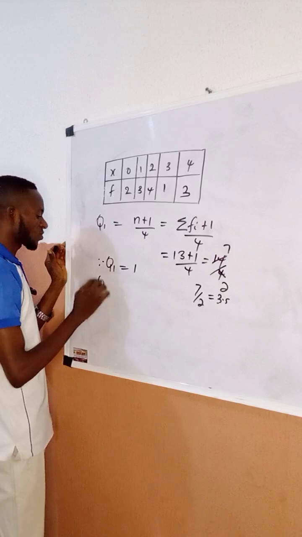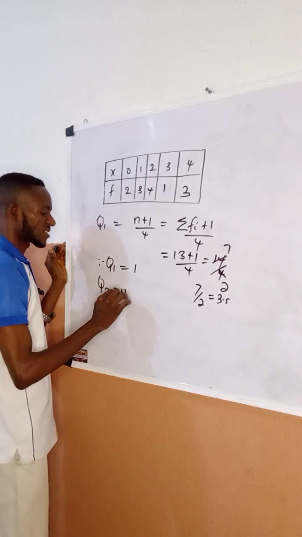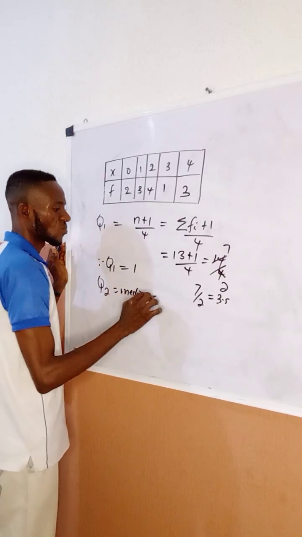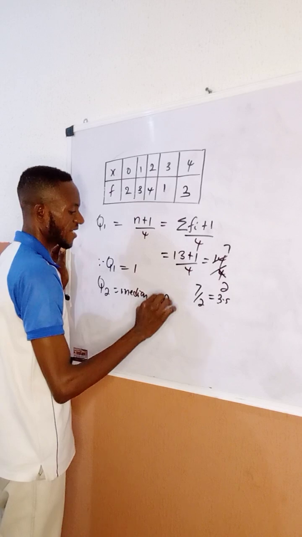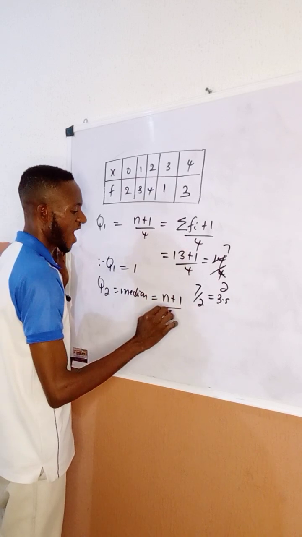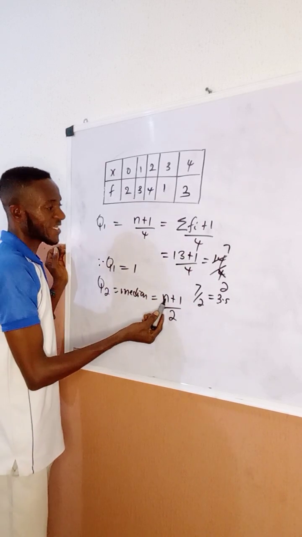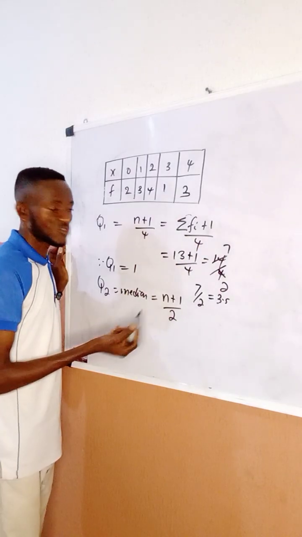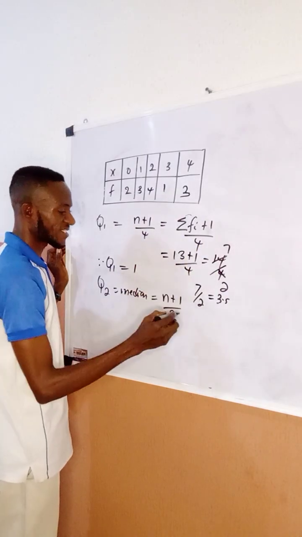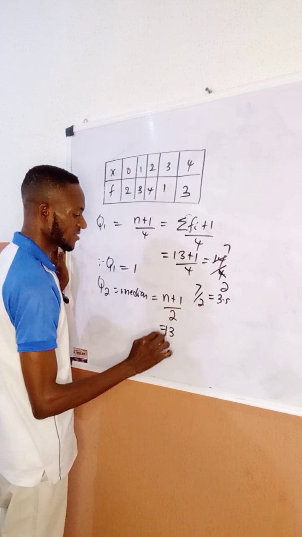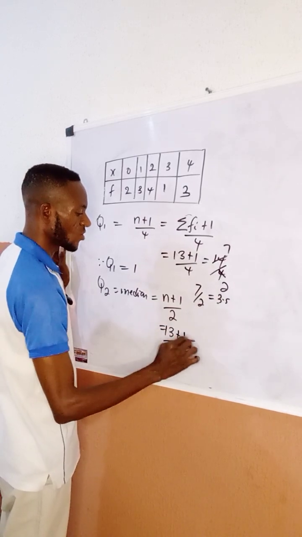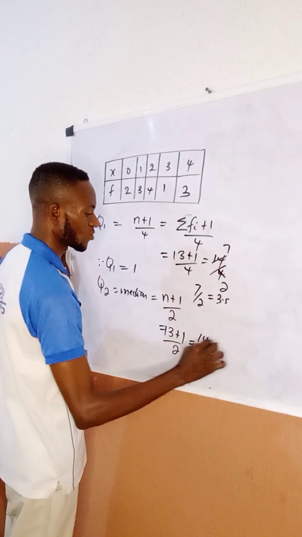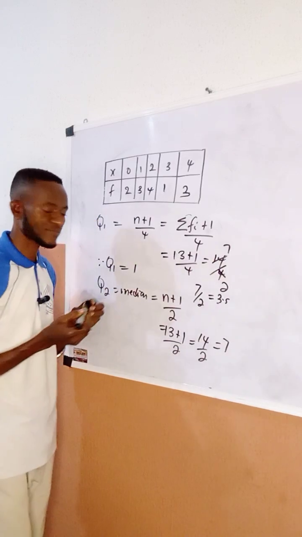But when we talk about Q2, which of course is equal to the median, we are going to talk about N plus 1 all over 2. And when we talk about this N, we are still referring to the summation of fi here. So we still call it 13. Then 13 plus 1 all over 2 is 14 all over 2, which becomes 7.